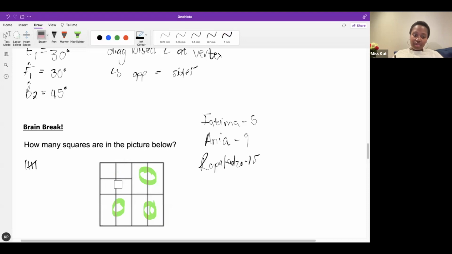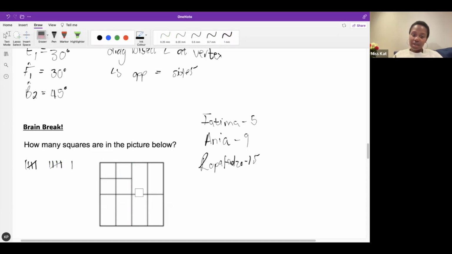Are we good so far? Then we have these little baby ones: 1, 2, 3, 4. Are you with me? Then there's one in the middle here, that one, and that one. So that's 2. And I don't see any more.